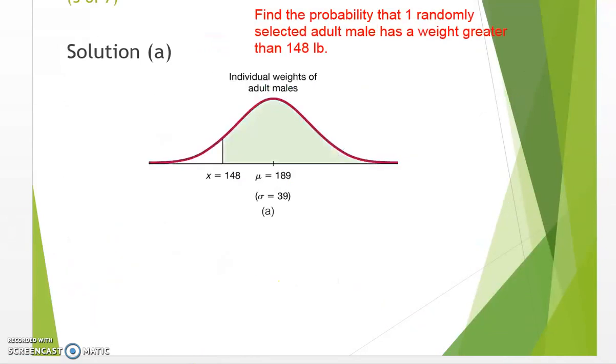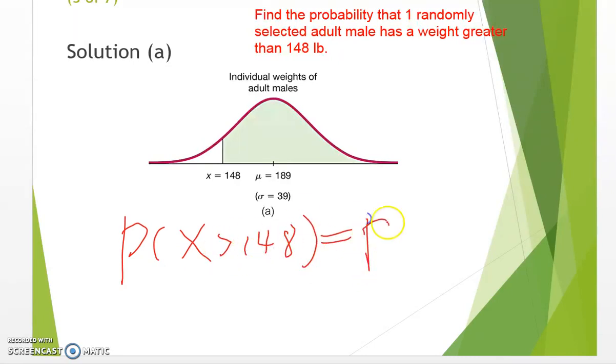So I can convert this problem to the following mathematical expression: the probability of my individual weight being higher than 148 is the same as the probability of z greater than negative 1.05. Let me double check. Is that 1.05? Yes. And that can be computed by StatCrunch.